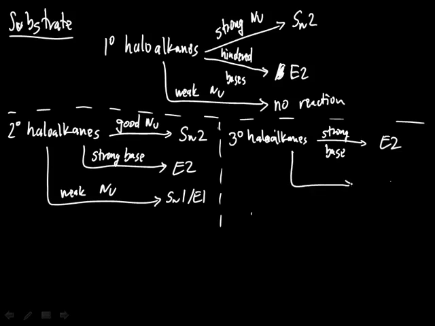If we have no base, or if we have a weak base, then we will get a mixture of SN1 and E1. And these mixtures are very difficult to avoid, because once we get a tertiary cation, it's difficult to guide that cation, which is now the same for both E1 and SN1 reaction, towards one or the other.